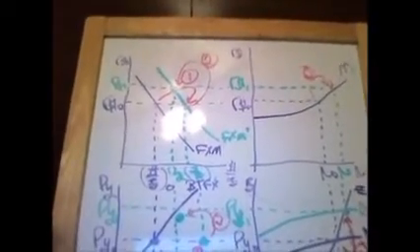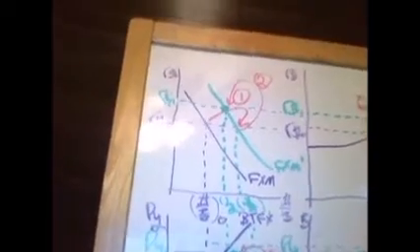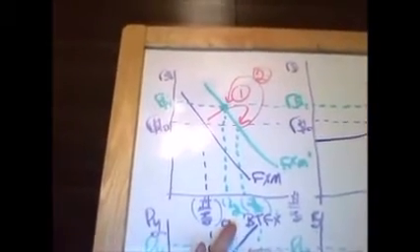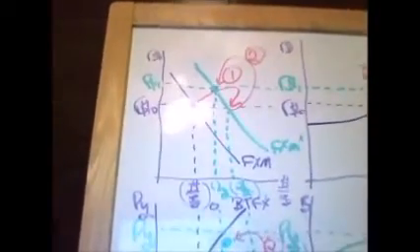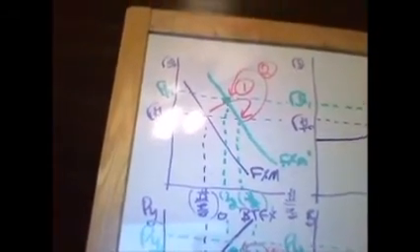Starting down here in the bottom right, that led to... we need to end up still being on the right of the BTFX. Why? Because we have a surplus.